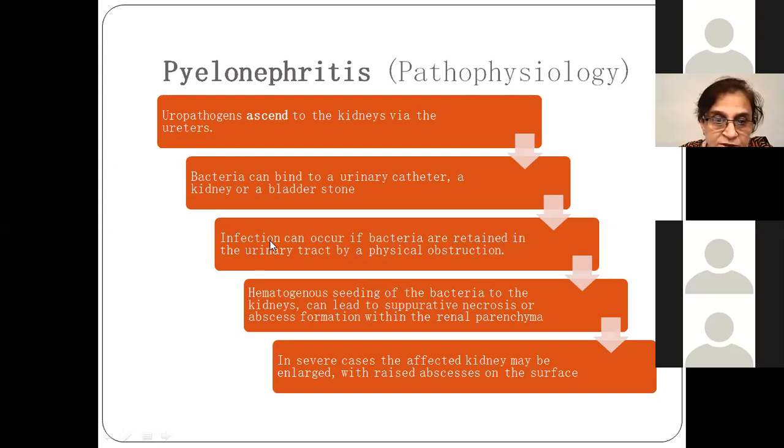Now I was telling you about the ascending infection, but at times there can be hematogenous seeding of the bacteria. How does it occur? There's an abscess somewhere else, and with hematogenous spread the bacteria enter the bloodstream and can be taken up to the kidneys, and there they can lead to suppurative necrosis and abscess formation.